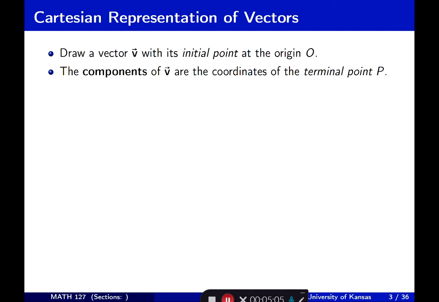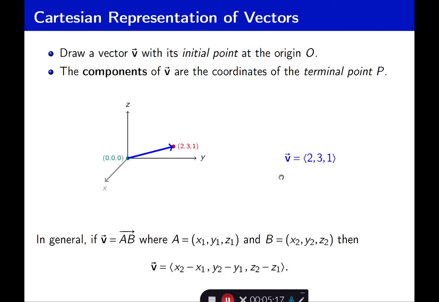We draw a vector v with an initial point at the origin O. The components of v are the coordinates of the terminal point P. Here the vector starts at the origin and ends at some terminal point, and we show v with the upper arrow having the same coordinates, except instead of parentheses we have angled brackets.